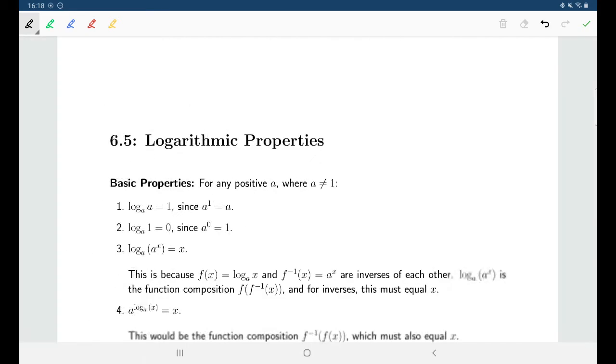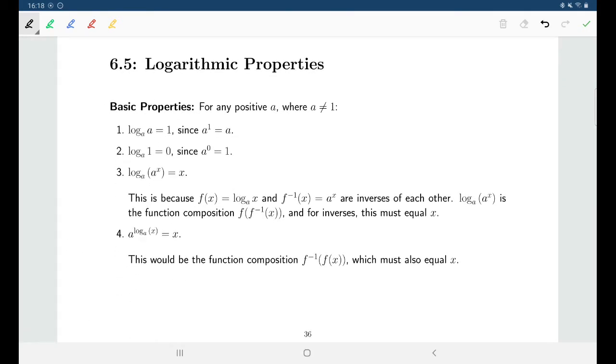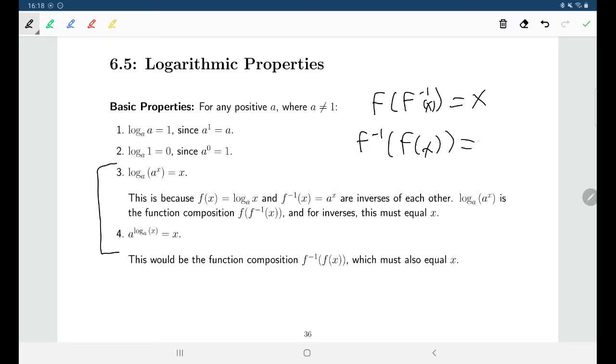These next two properties are actually properties of function inverses, just written in a little bit of a different way. Remember that for an inverse function, f composed with f inverse should get us just x, and f inverse composed with f should also give us just x.